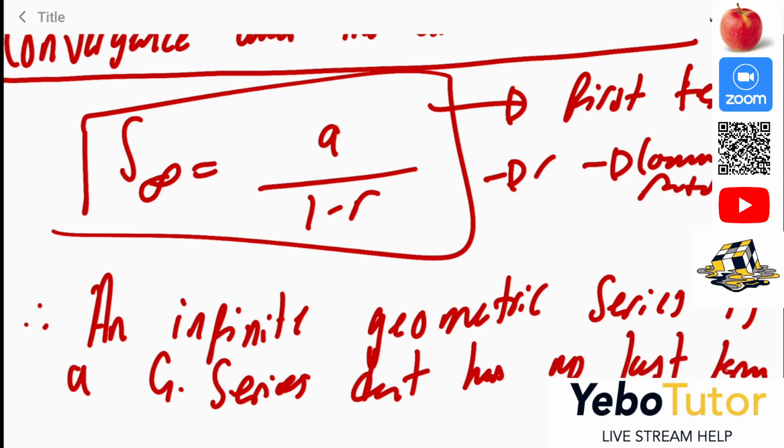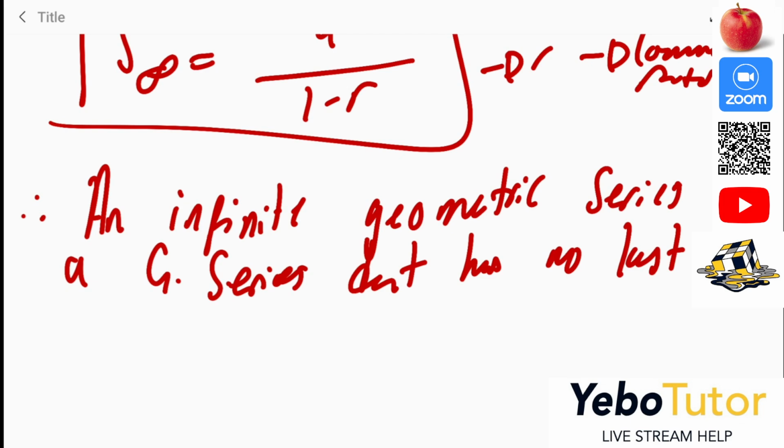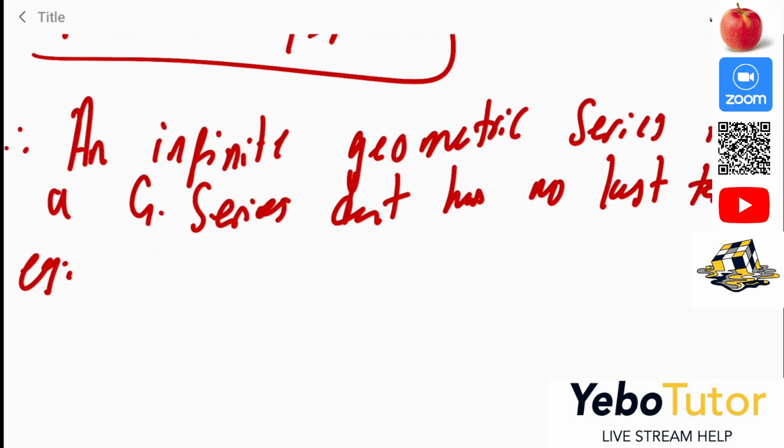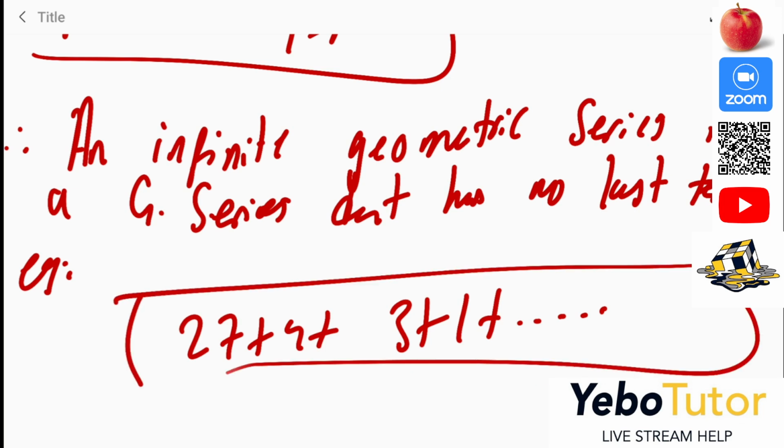If that specific series doesn't have a last term, then that's an infinite geometric series. For example, we can have 27 plus 9 plus 3 plus 1 plus, and so on. This is a geometric series which does not have a last term.